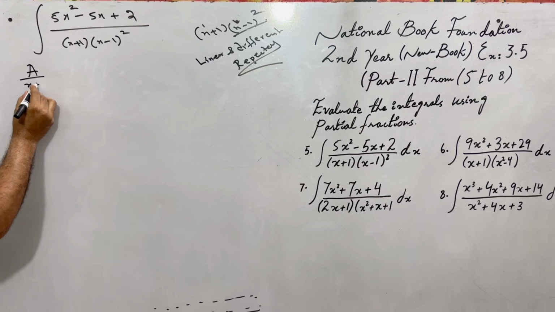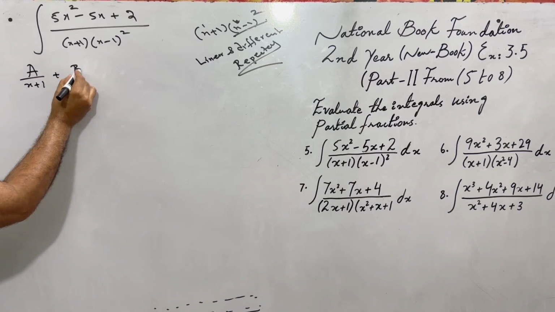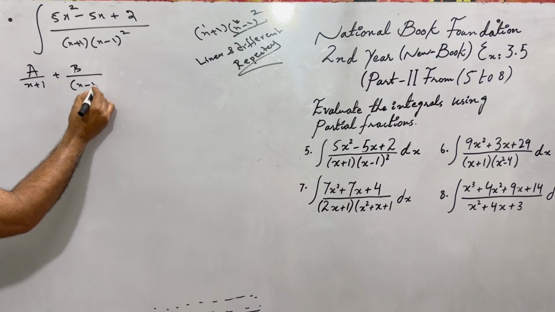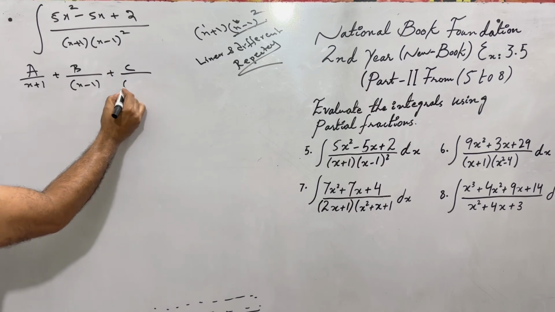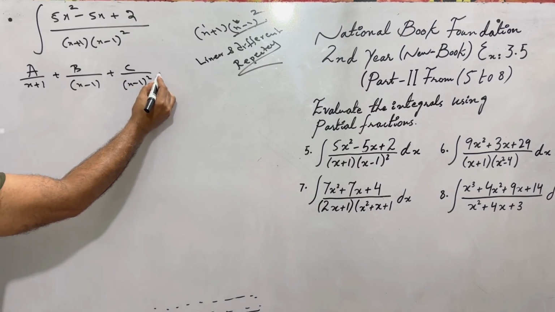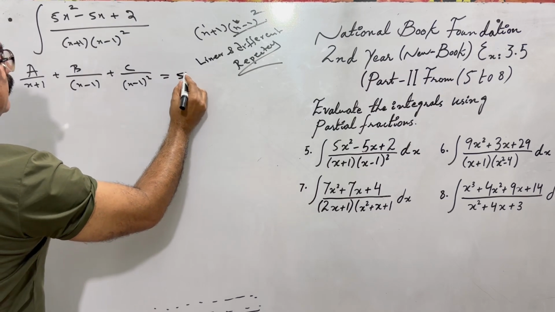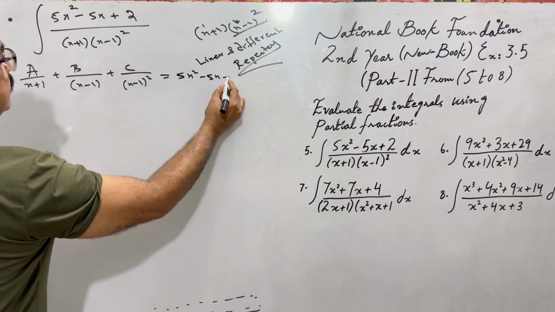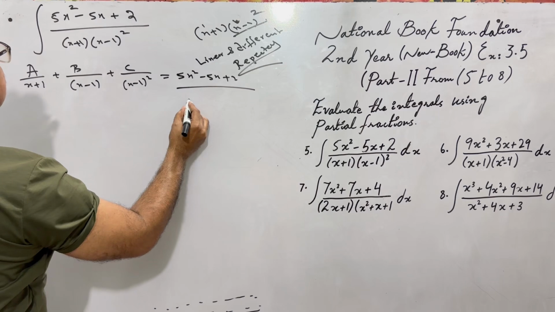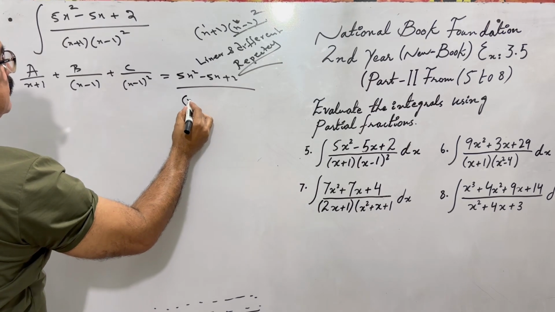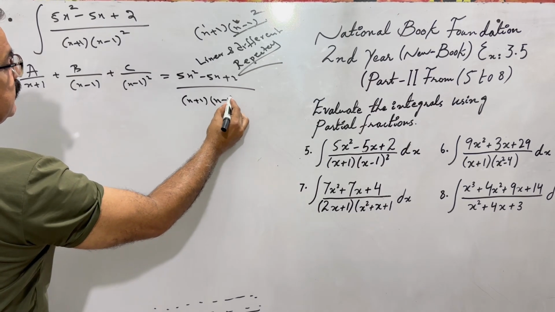A over x plus 1, second, B over x minus 1, plus C over (x minus 1) whole square, is equal to the original expression that we want to split in partial fractions, that is (5x² − 5x + 2) over (x + 1)(x − 1)².